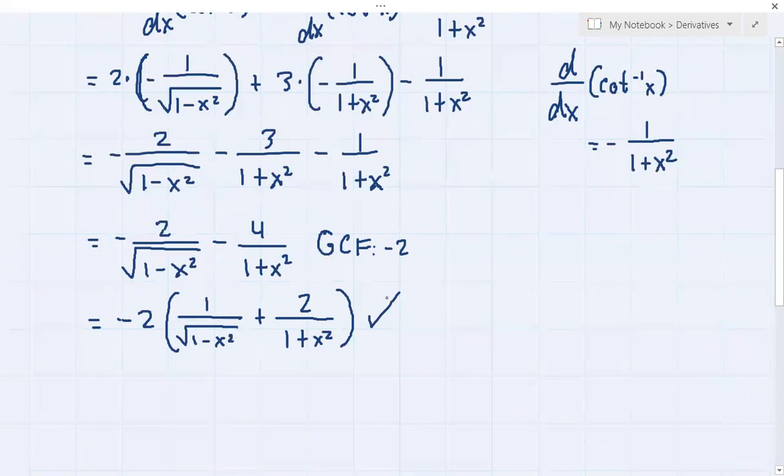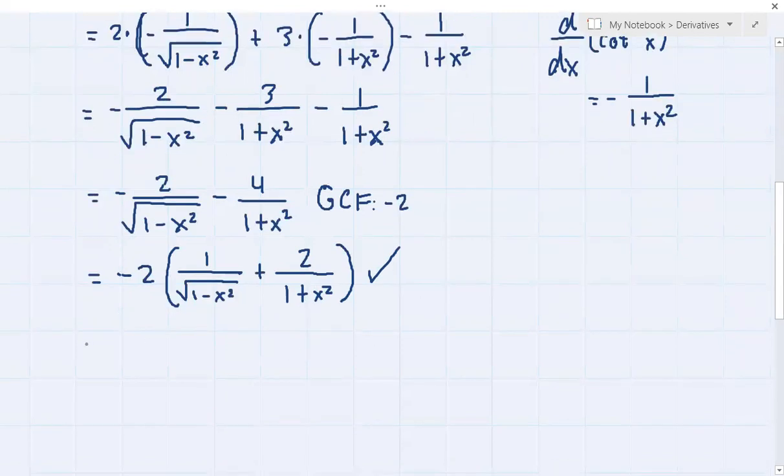Or we can simplify further, like what we did in the last problem, by making it into a whole fraction. We will use the butterfly technique. So 2 times the quantity: we cross multiply 1 times 1 plus x squared, which becomes 1 plus x squared. Next, copy the operation between them, which is plus. Then cross-multiply 2 and the square root of 1 minus x squared, which gives 2 times the square root of 1 minus x squared.